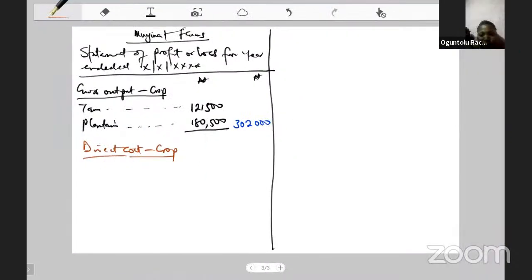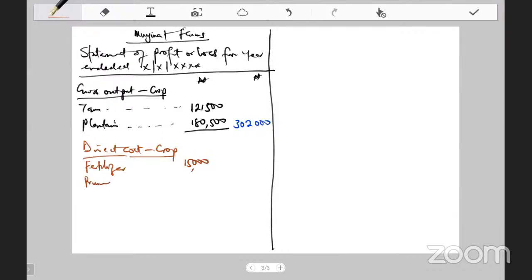So let's see, what are those items? Fertilizer. How much? 15,000 naira. What's the next item? Pruning of grass.